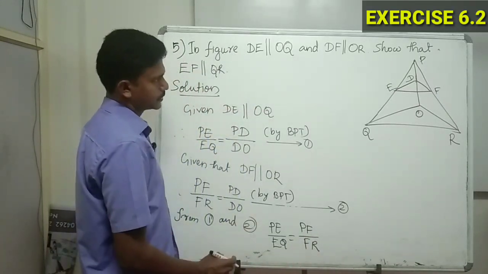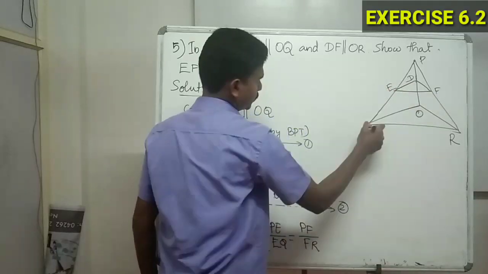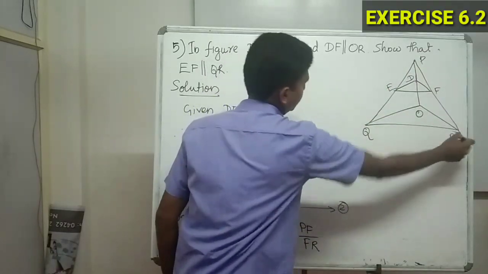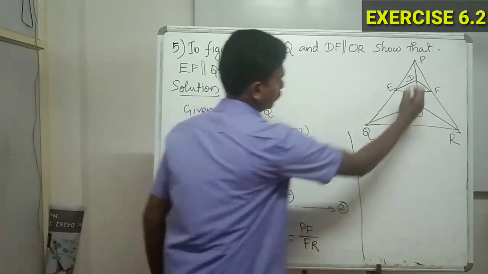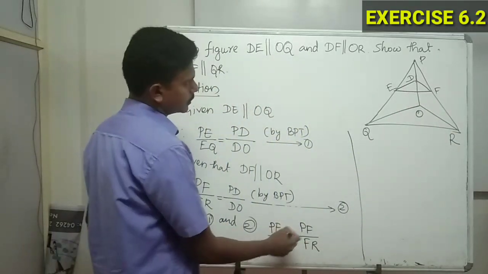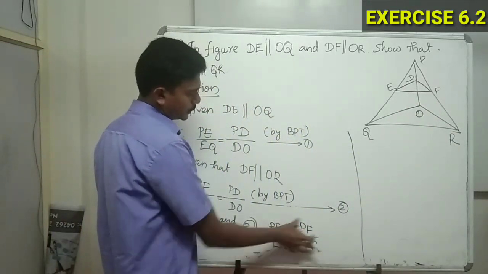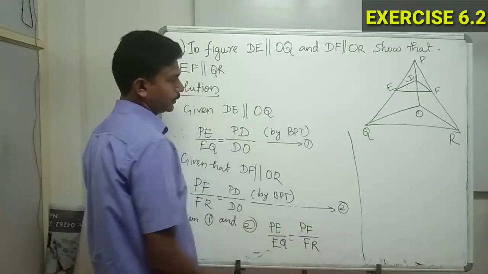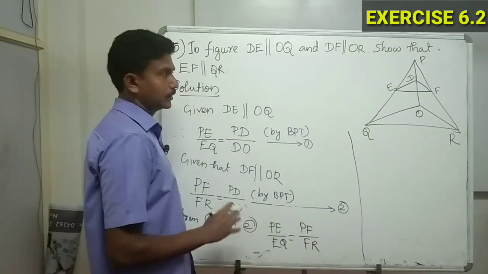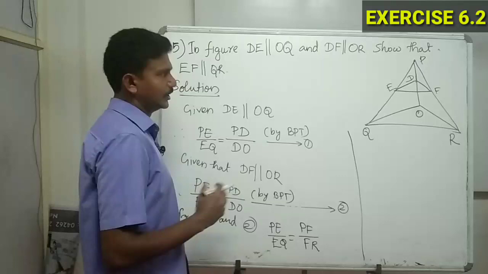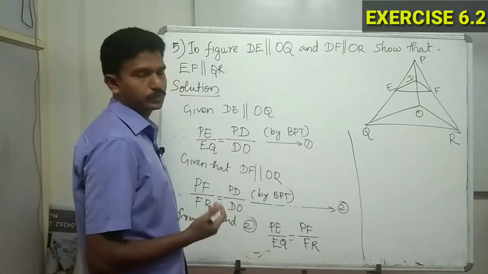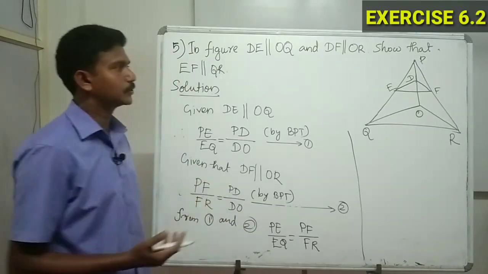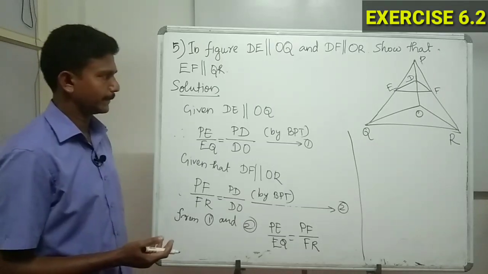If the ratios are equal, then we can say that the third side is parallel to the line intersecting.